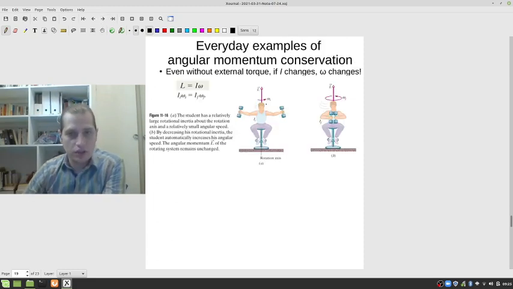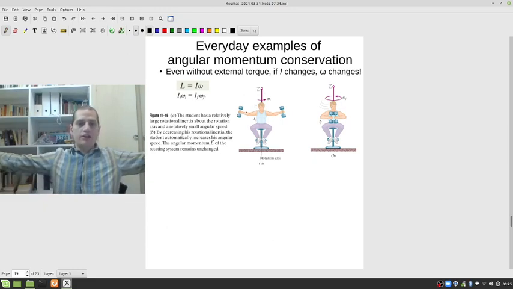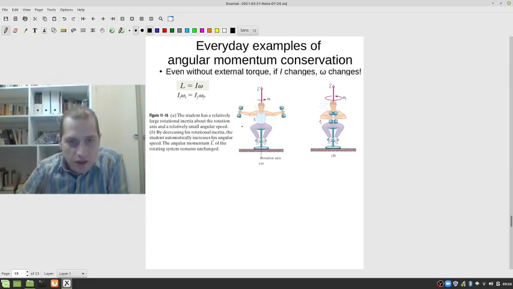So here's a good example. You have a local show-off bodybuilder, and he's going on his stool, and he holds his weights out like this. He gets himself spinning, and so he's got some angular momentum. His I depends on how far these masses are spread out. And what he does that's interesting is that he moves these barbells in.